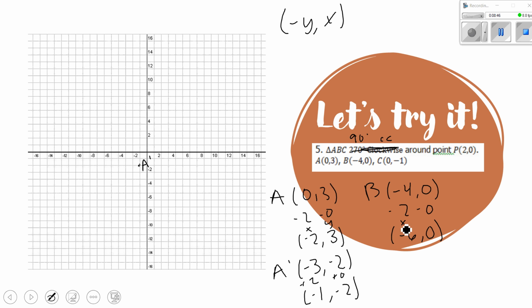Then you're going to change x and y into negative y, x. So 0, negative 6. Cool, that's pretty straightforward. And lastly, again, we add that point back in. It turns into 2, negative 6. So we go to 2, we go to negative 1, 2, 3, 4, 5, 6, and put B prime right there.